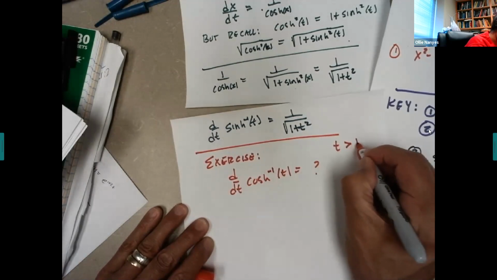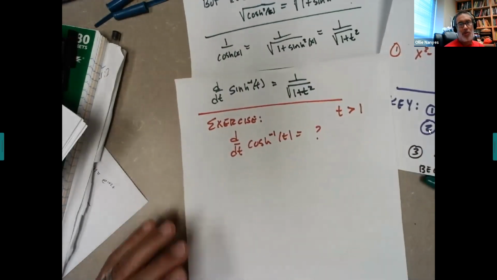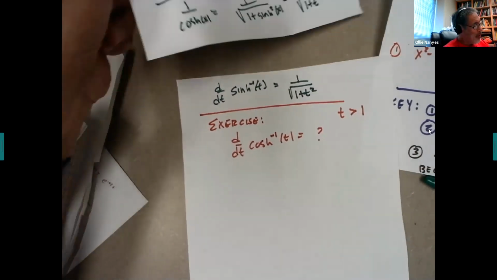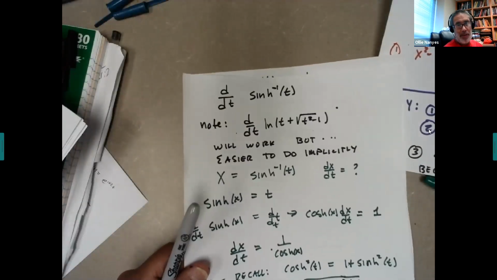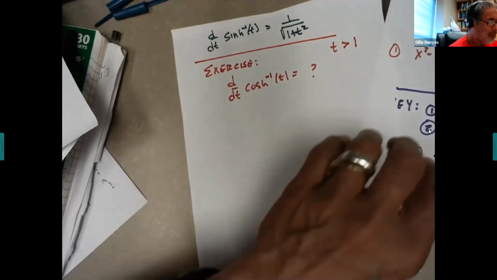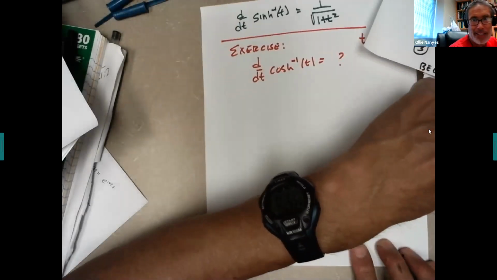Assume t is strictly greater than 1, so there are no domain problems. So go ahead and work on that. And I highly recommend, if you work on that, that you do what we did here. Okay, now let's see what we get.